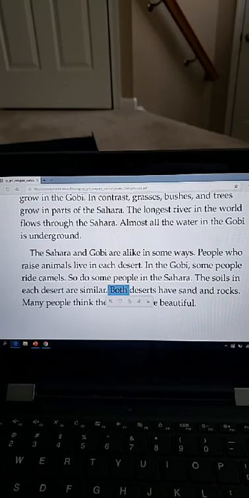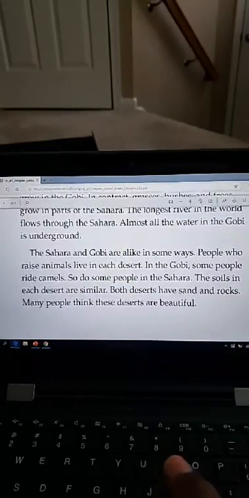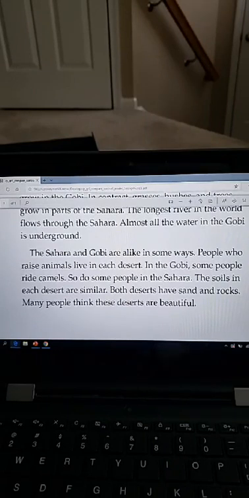Both deserts have sand and rock. Many people think these deserts are beautiful.